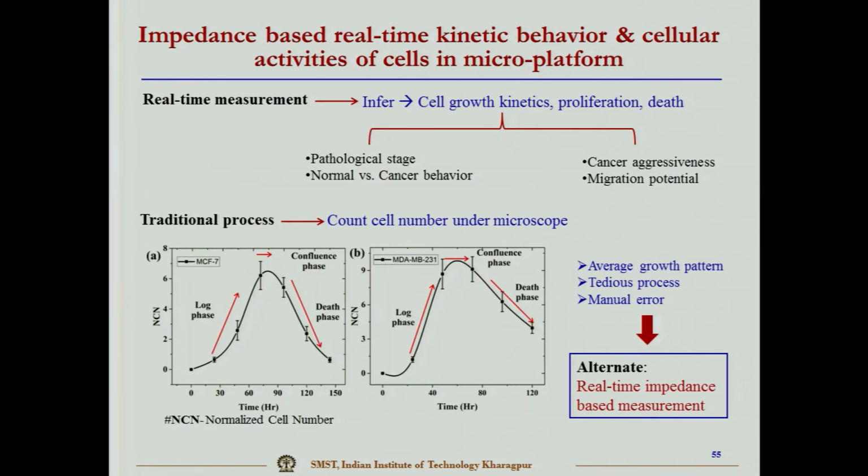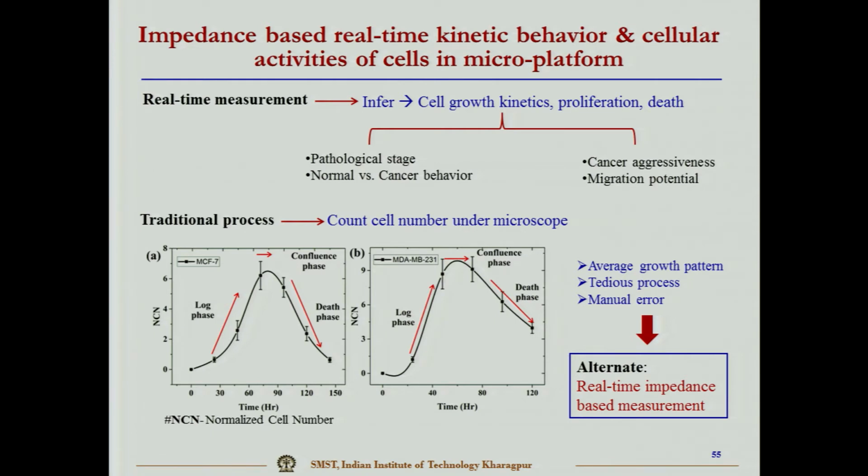Now, coming to the real time kinetic behavior. Instead of a frequency response, now it is a time sweep; impedance measurement as a time sweep, we can get it. Here I have shown two cells, one is MCF7 and another is MDA-MB-231.